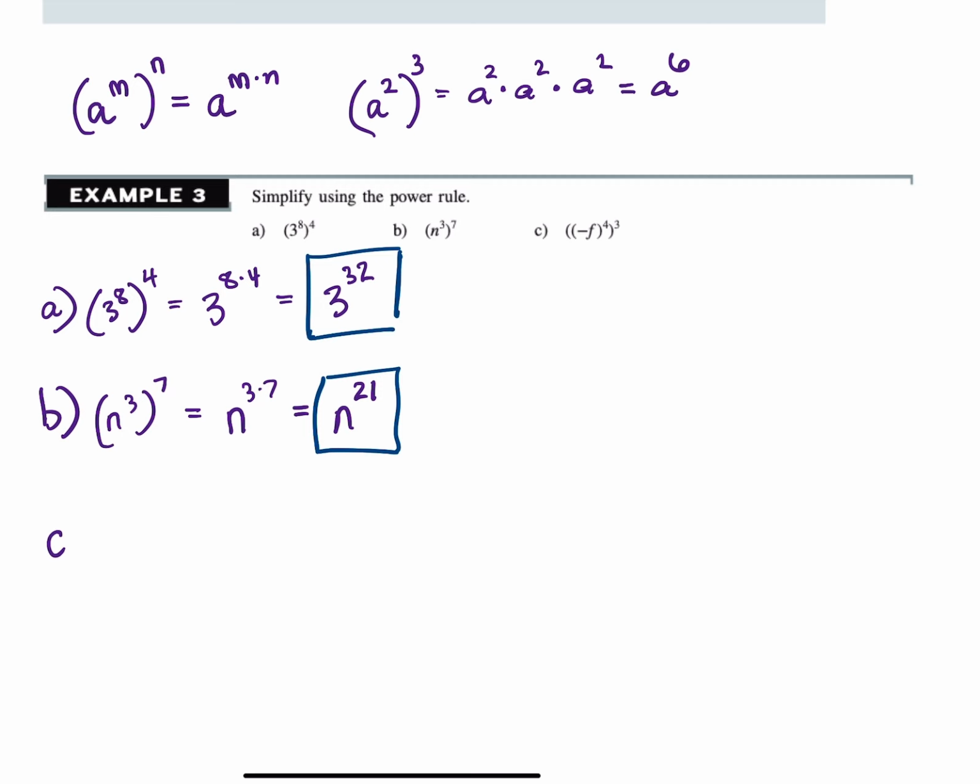Part C. This looks a little bit more complicated, but same idea. We have, in parentheses, negative f raised to the 4th power, and then this is raised to the 3rd power. So our base is the negative f. That will stay the same. And then this will be now to the 4 times 3 power.